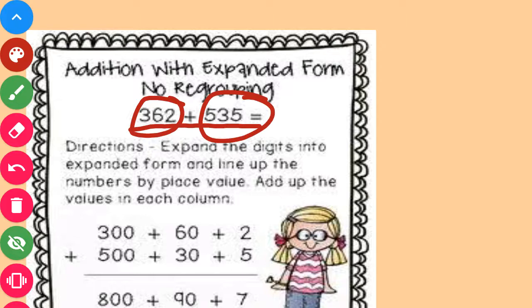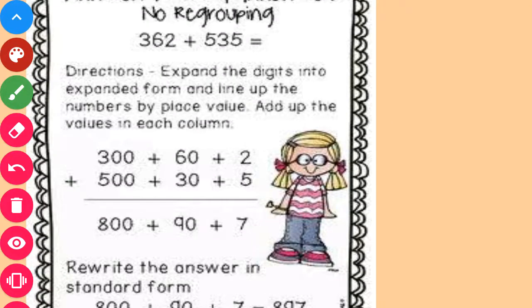See, 362 is expanded like 300 plus 60 plus 2, and 535 is expanded as 500 plus 30 plus 5.